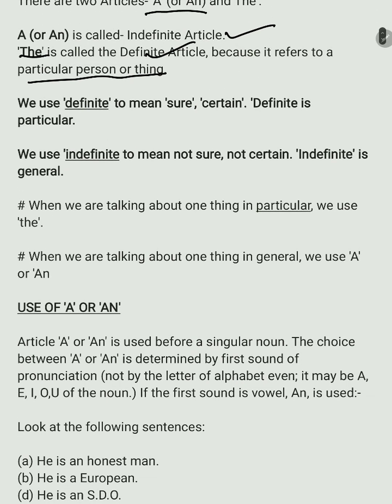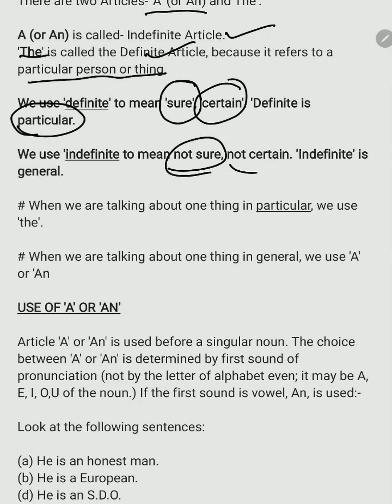All right. Now, we use definite to mean sure or certain. Definite means particular. We are talking about something particular. We use indefinite to mean not sure or not certain.